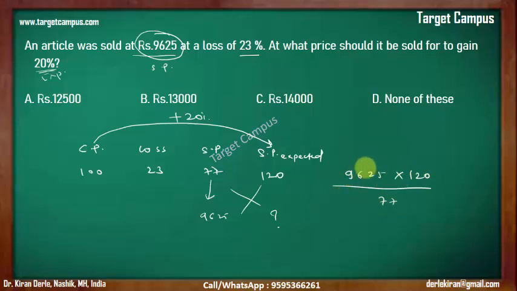So let's solve this. 11 7s are 77, 11 8s are 88... 7 1 7, 7 2 7, 7 5... 125 into 20 is 15,000, right? 15,000 is the price at which it is sold. Hope you're understanding this. This is a very useful trick, guys.